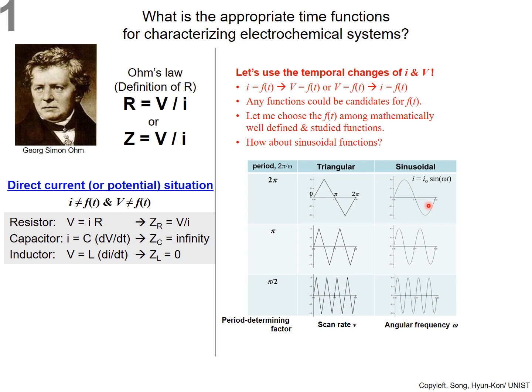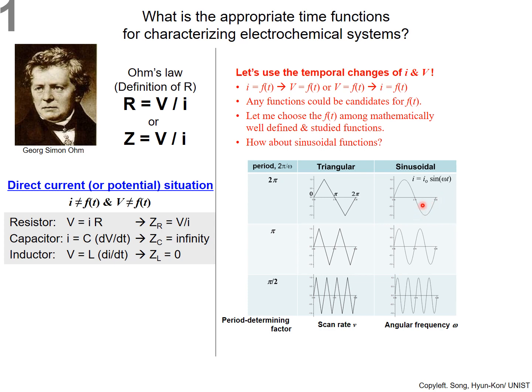Actually, the sinusoidal function does not come from the triangular function, but from the viewpoint of shape, it looks similar. So how about sinusoidal functions like current is equal to the maximum current I0 with the sine function of omega t? This is the period, one cycle having a period equal to 2 pi.